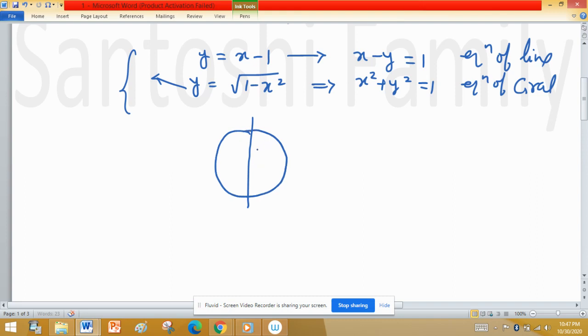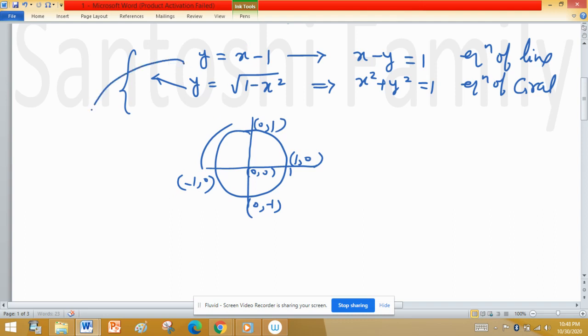Upper half circle means this one above the x-axis, and the limits of x are from 0 to 1. 0 comma 0 is the center of the circle, and the points of intersection are minus 1 comma 0, 1 comma 0, and 0 comma 1.